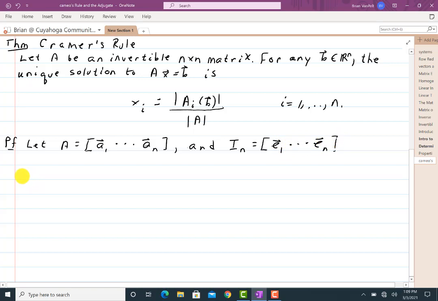Then we also know that if I do A times I sub i of x, let me write this out in longhand. Remember, this means I'm going to replace column i in the identity matrix with an x. So you'll still have e1 up to e_{i-1}, except now you'll put an x in the i column.